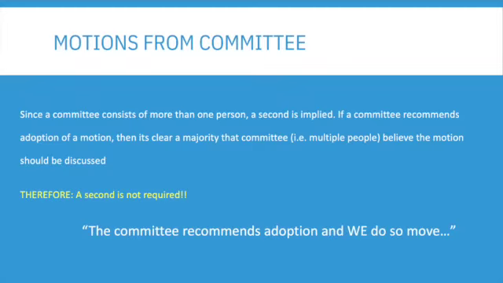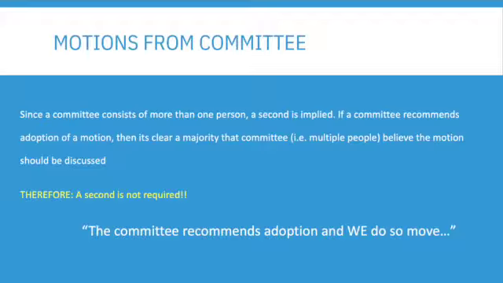Now, motions from a committee. Since a committee consists of more than one person, a second is implied. So if a committee recommends adoption of a motion, then it's clear a majority of that committee believe that the motion should be discussed. So you have multiple people talking about a motion.